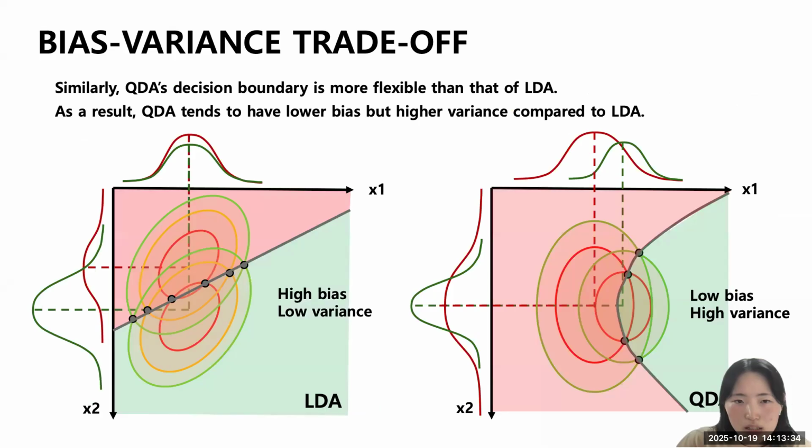Similarly, QDA's decision boundary is more flexible than that of LDA. Because of this increased flexibility, QDA tends to have lower bias but higher variance compared to LDA. So while LDA provides a more stable and generalized boundary, QDA adapts more closely to the data at the cost of higher variability.